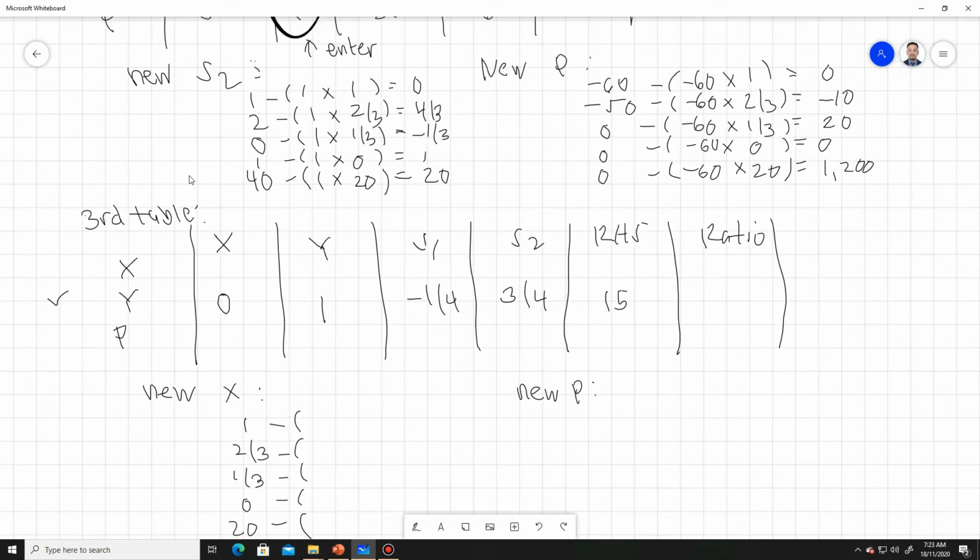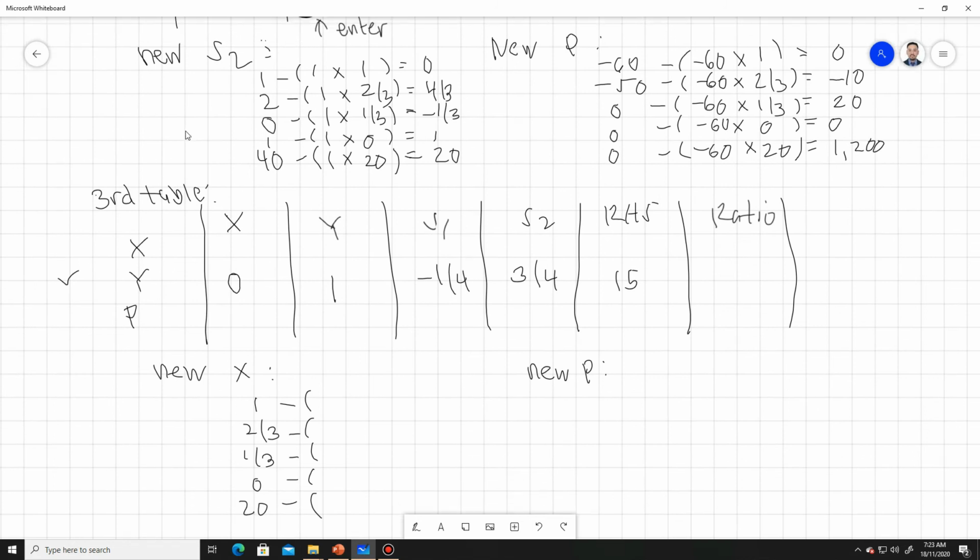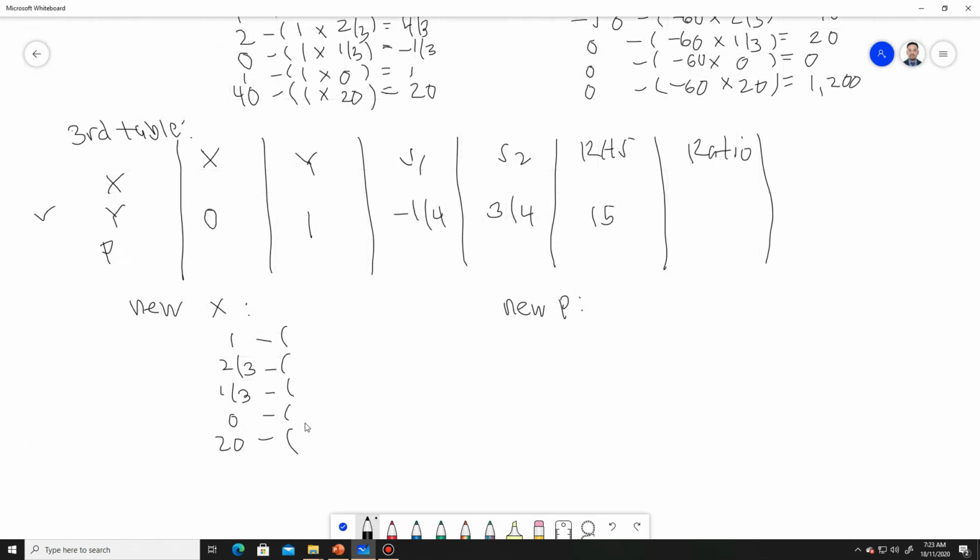Ano nga yun? Sa bandang x. So, we have 2/3, no? Itong 2/3. Multiplied by the corresponding elements in the replacing row. Ito yon, no? Sinolve natin kanina. So, we have 0, 1, negative 1/4, 3/4, and 15. And then close parenthesis.